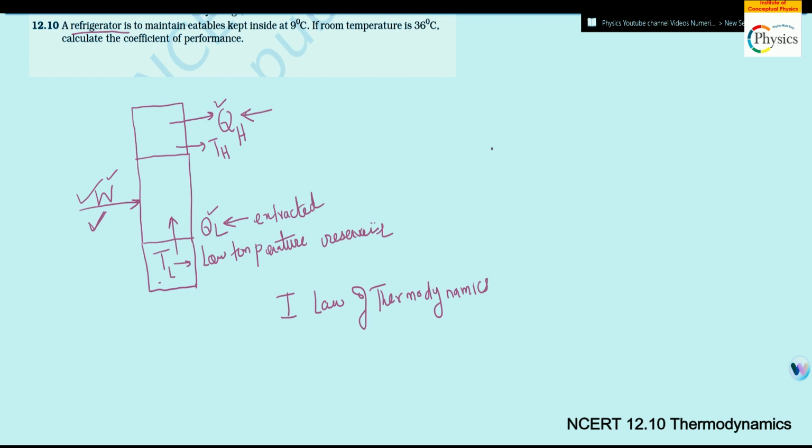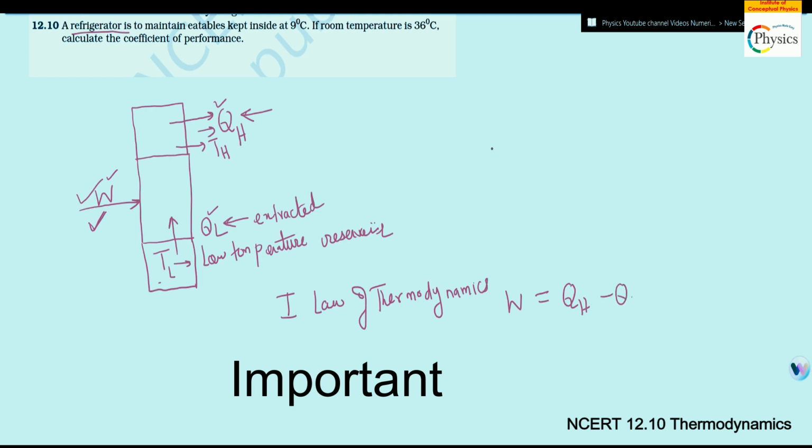The work is used to extract heat from the low temperature reservoir, and this heat is then thrown to the high temperature reservoir in the form of QH. So the work done as per the first law is given by QH minus QL, right? This is the way the reservoir works.